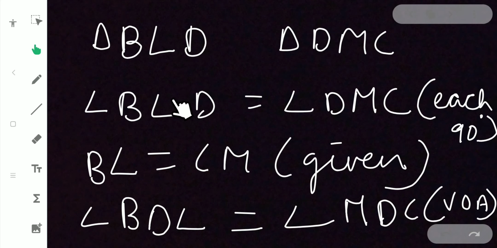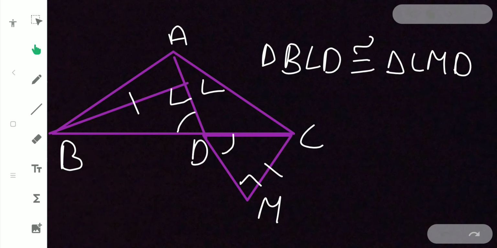Here we are having angle, angle, side. We should not pick it randomly, we should see the order. Here we have an angle, here an angle, and here a side, so they are in the sequence angle, angle, side. We cannot write it as angle, side, angle.